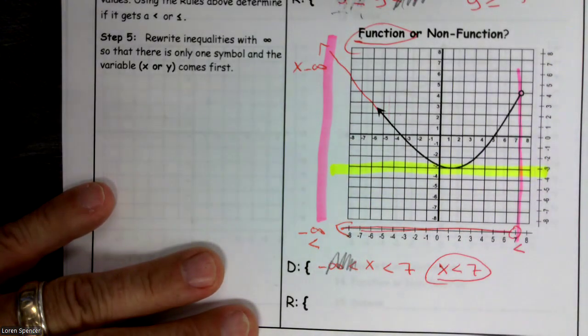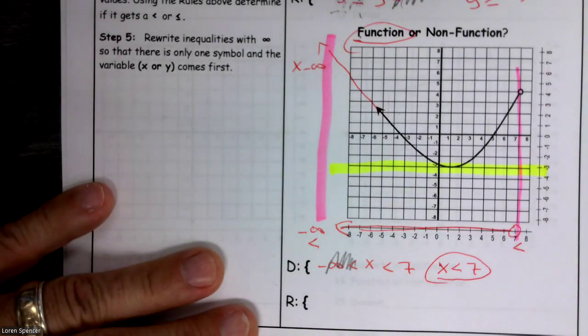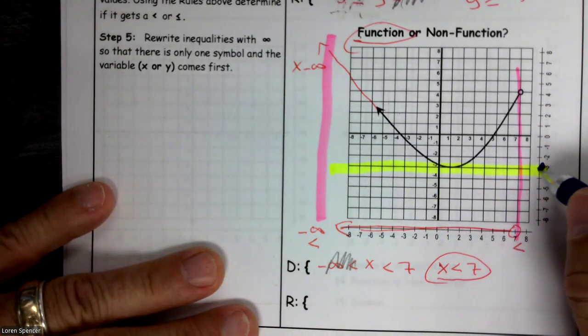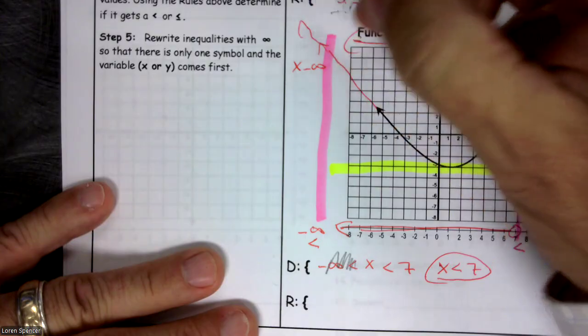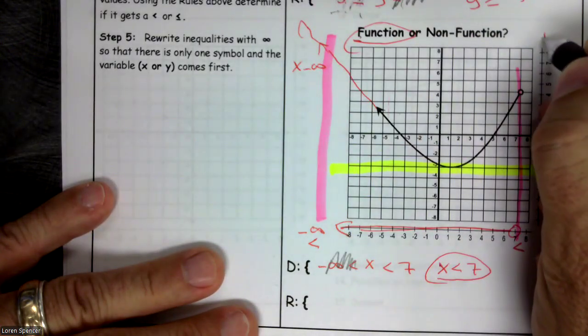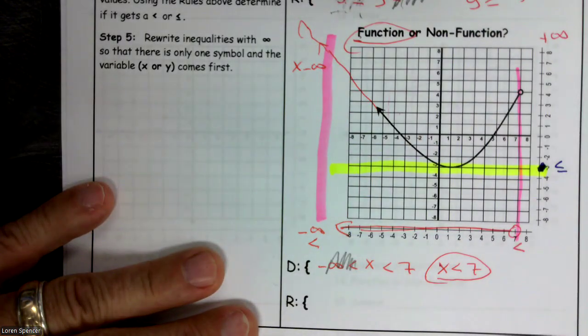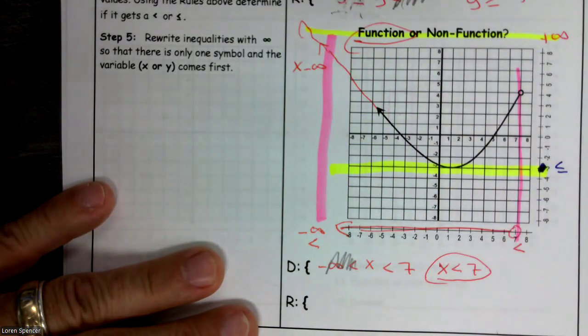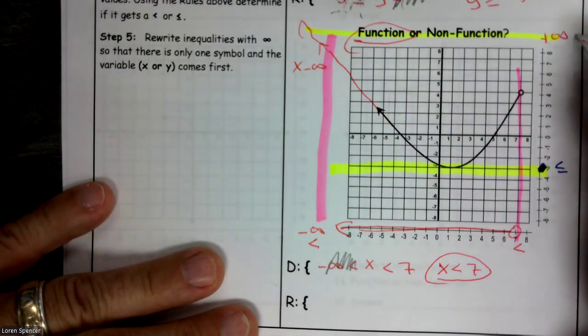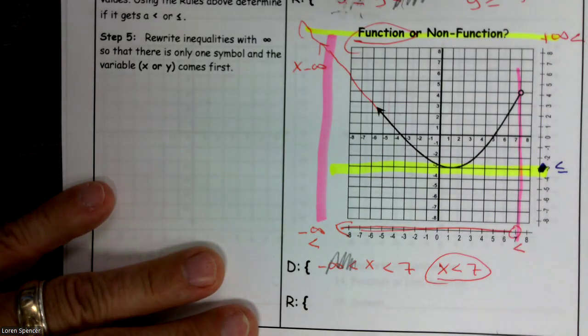We hit at -3, and it's a solid line. So this is going to be -3 less than or equal to. And we go off the graph, and we keep going up. So we're going up to positive infinity, way up here. Positive infinity gets a less than symbol. So here we go.